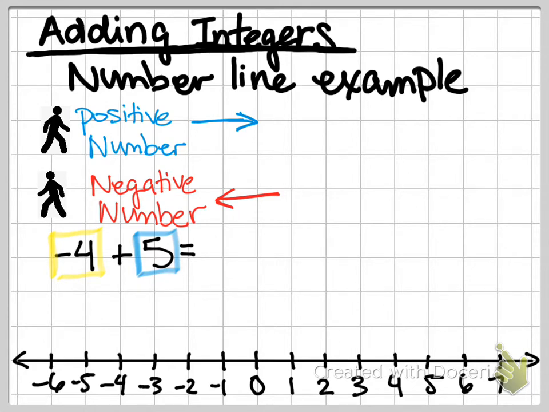So once again, we have a positive number, so we're going to copy the top person, and we're going to place them right above -4. And then this person is going to move 5 spaces forward. So 1, 2, 3, 4, 5. They've ended at +1. And that would be our answer for that problem.